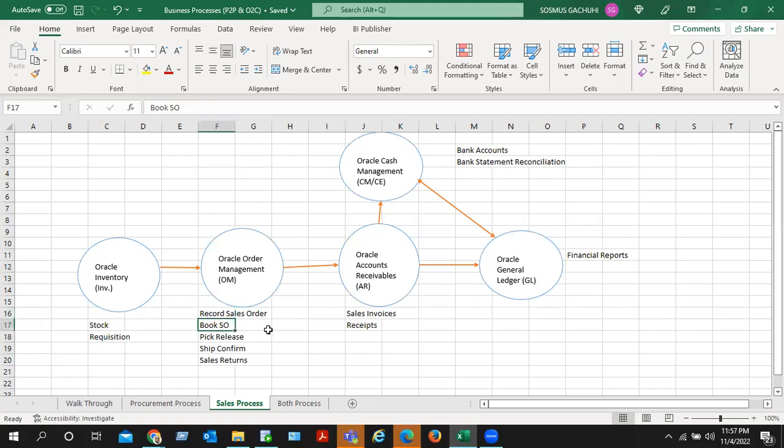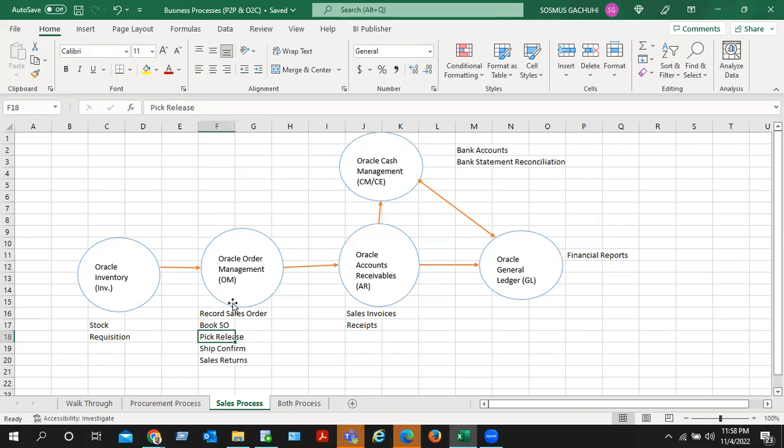Then once they have recorded the sales order, they will go ahead and book the sales order. Once they have booked it, they communicate to the inventory department, and the inventory department will communicate back once they have removed the goods from the sub-inventory to the staging area.